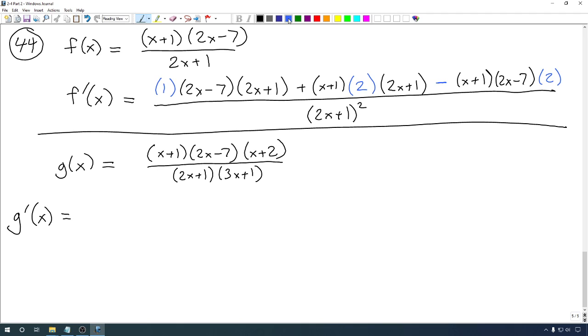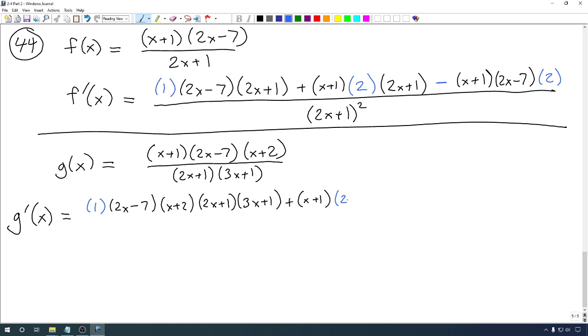So first, I'm going to differentiate x plus 1. That becomes a 1. But then everything else is the same. Now I'm going to leave the x plus 1 alone. I'm going to differentiate the 2x minus 7.